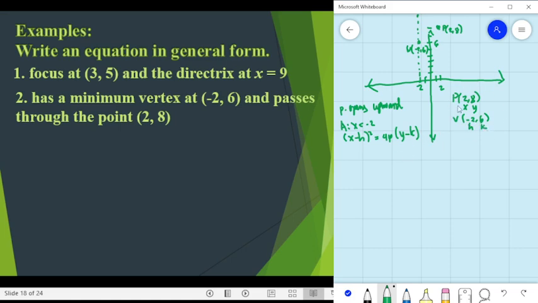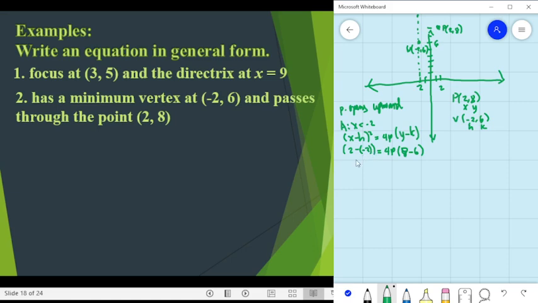So substitute these four values to find your p. We have quantity 2 minus the negative of 2 is equal to 4p quantity 8 minus 6, since y minus k.